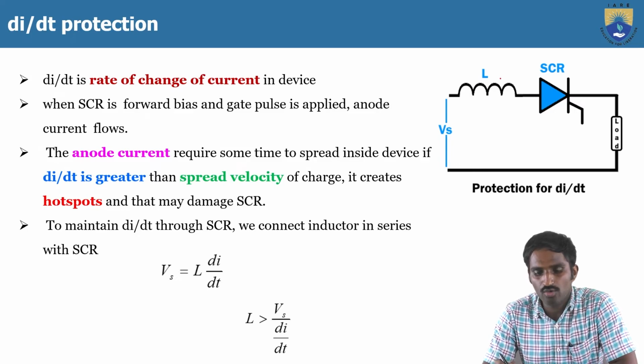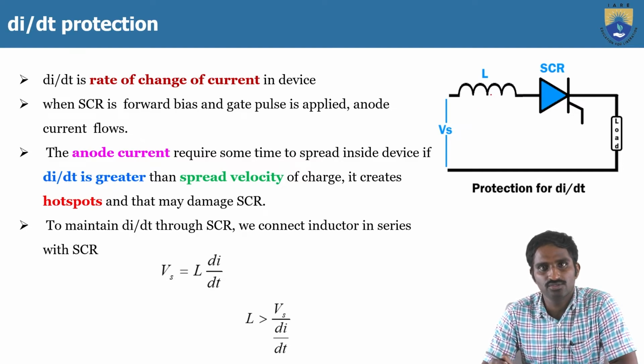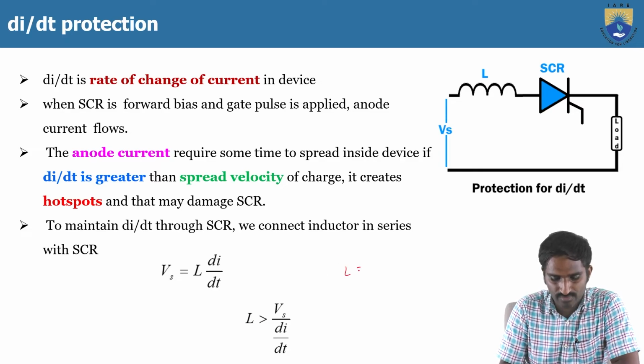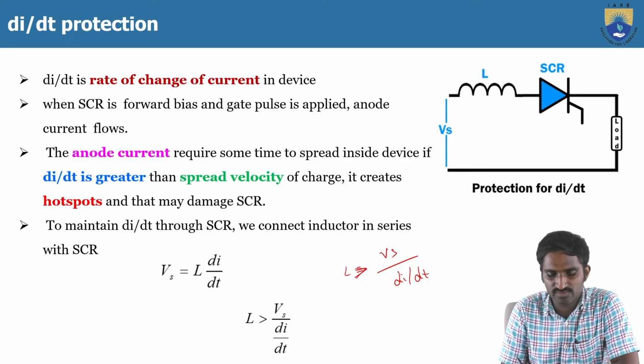Then how do we choose the inductance value to include in series with the thyristor? As we know, the general equation for the voltage across the inductor is equal to L into di by dt. From this we get L is equal to Vs by di by dt, which means the L value must be greater than Vs by di by dt.